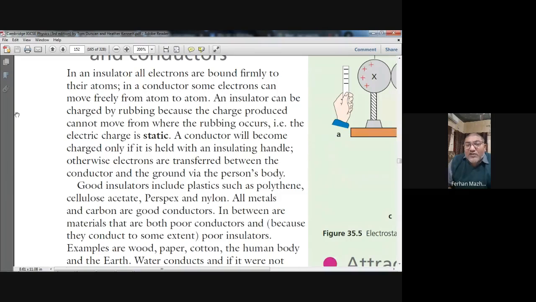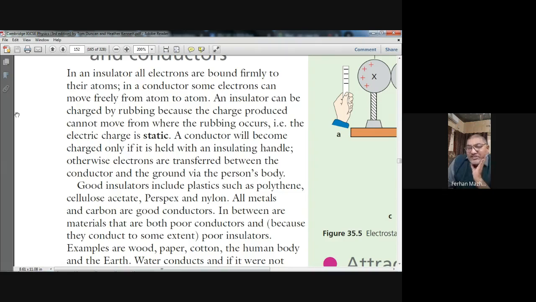But in the case of conductors, you see, conductors have electrons in their valence shell which are not that tightly held by their nucleus. So in conductors, the electrons in the valence shell are loosely held.